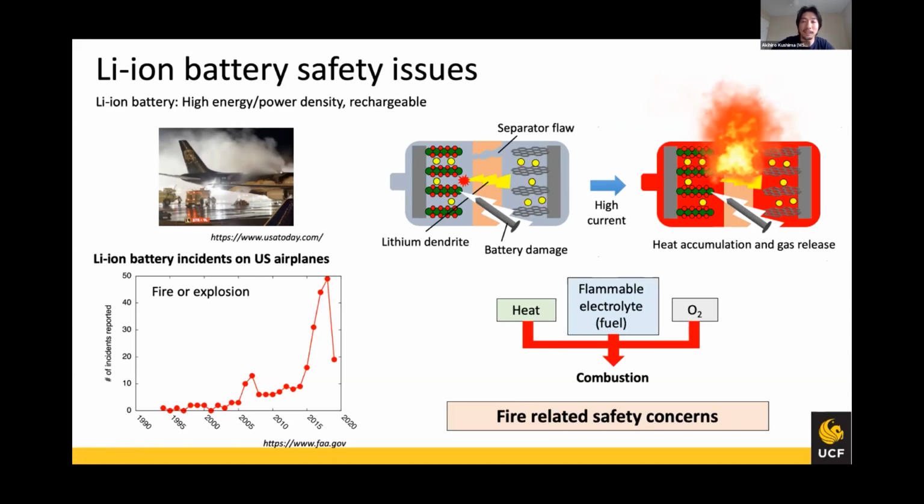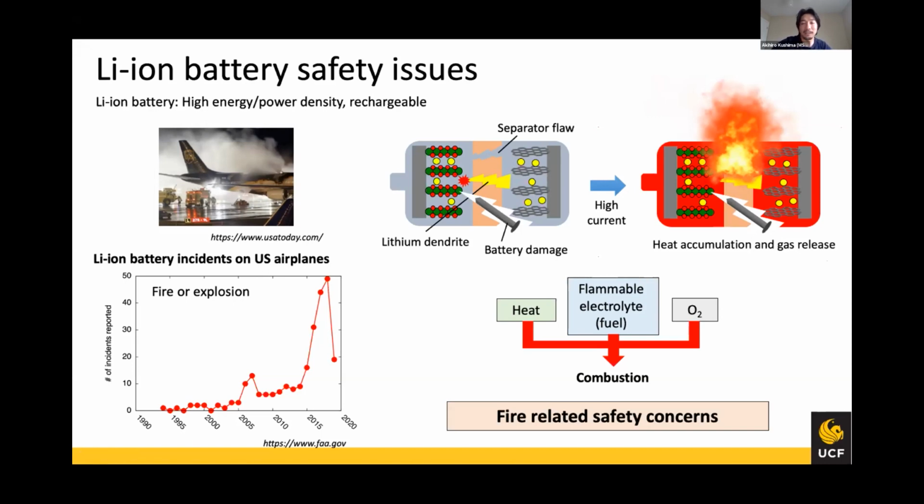What's going to happen is, if you have a very thin separator and you charge and discharge, and if you accidentally overcharge or overdischarge, the dendritic growth of lithium can penetrate through the separator and make a short circuit. Or if you have external damage, it can easily penetrate through the separator, and you can also cause a short circuit.